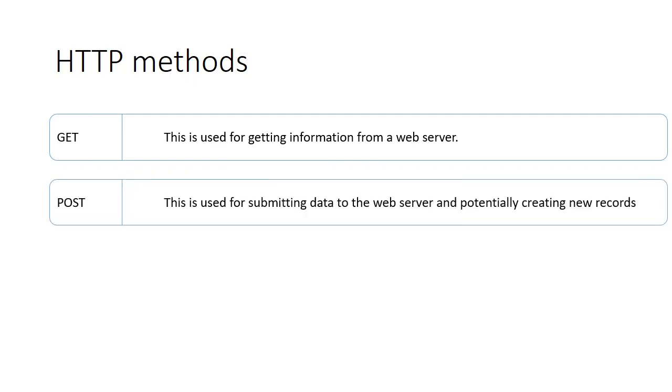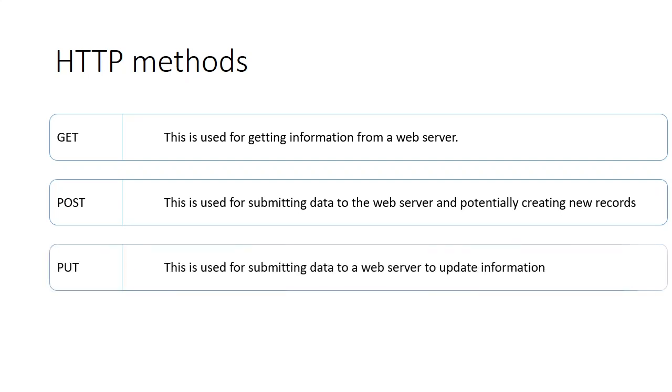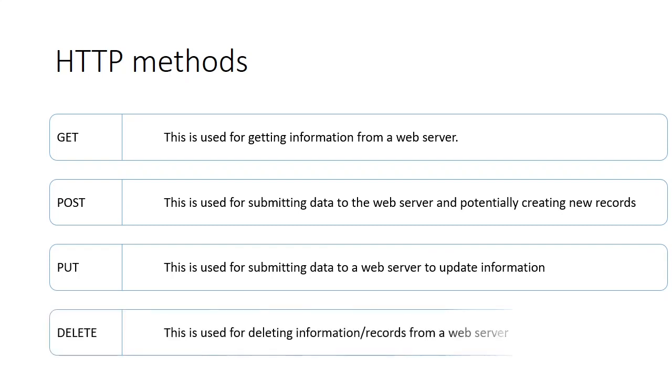The POST request is used for submitting data to the web server, potentially creating new records. The PUT request is used for submitting data to a web server to update information, while the DELETE request is used for deleting information or records from a web server.